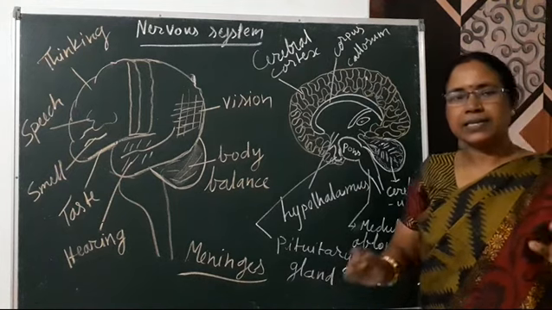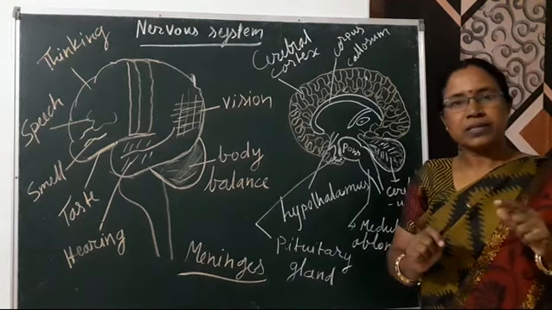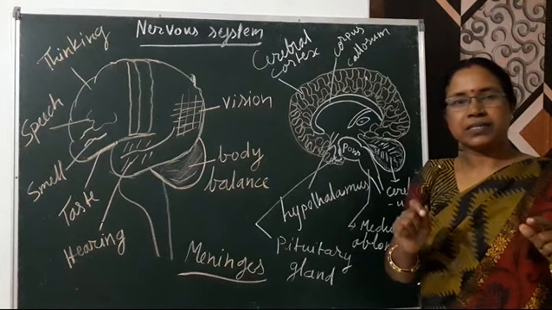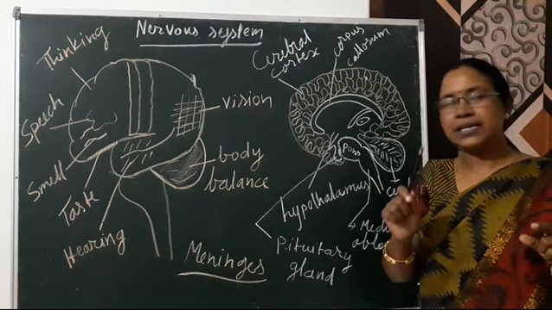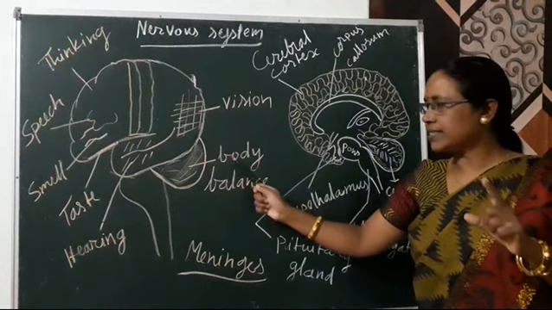The reason is, when an alcoholic person drinks, that alcohol affects the cerebellum. And I said the function of cerebellum is what? It coordinates muscular activity and balances the body.